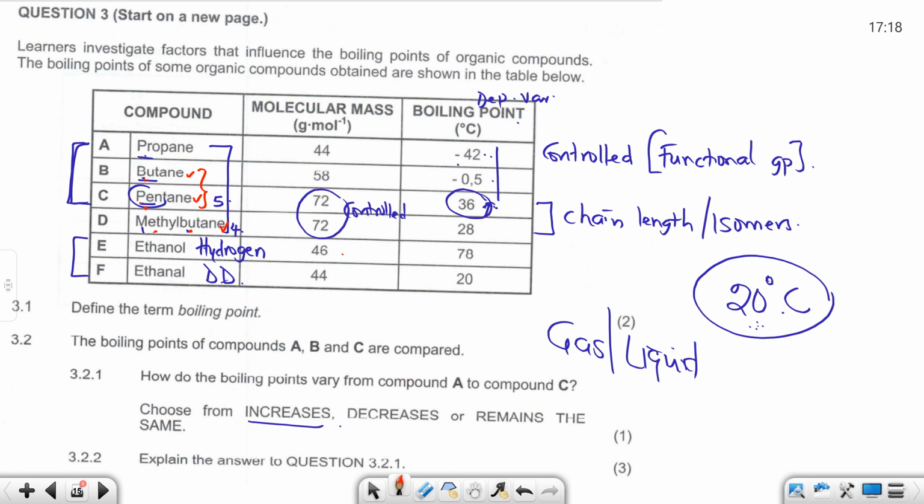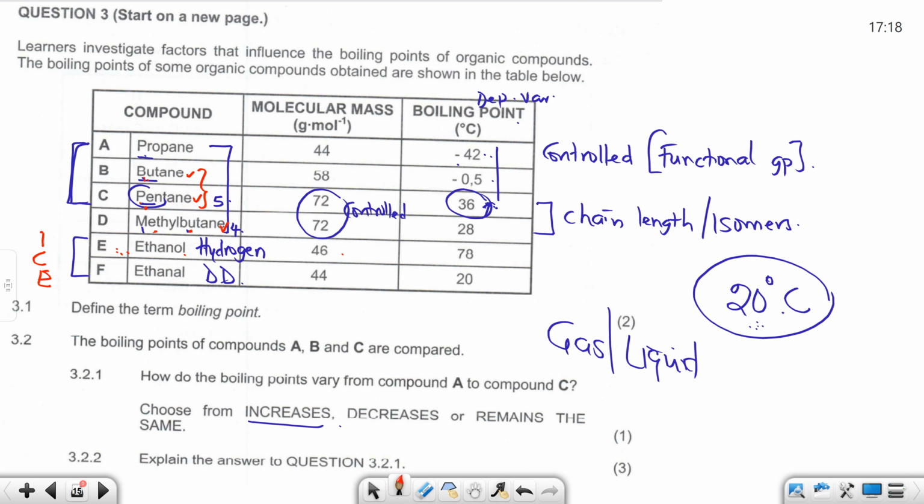E. Can you explain why E has a higher boiling point though? Can we identify? Can you just make it easy?